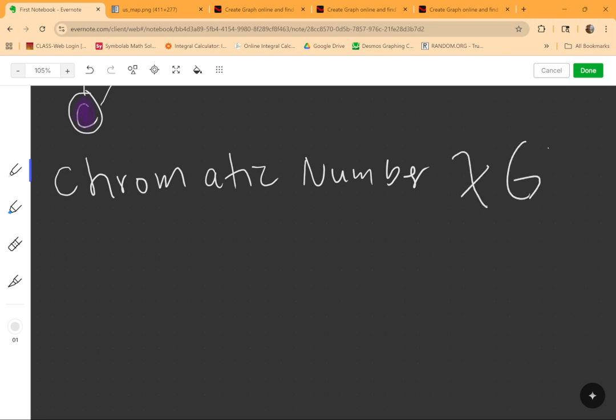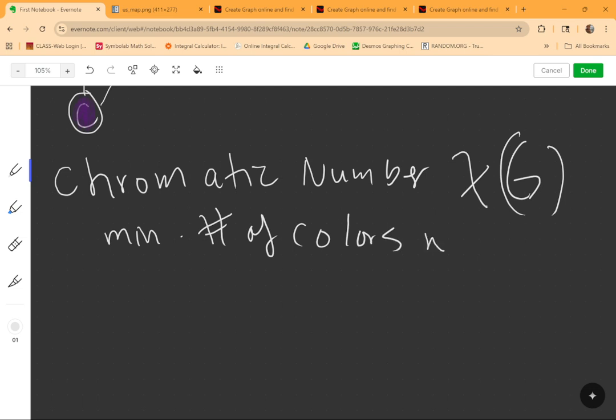And that is what we define as the chromatic number, which we write with the Greek letter chi and then G, the chromatic number of G. This is the minimum number of colors needed for a proper vertex coloring.